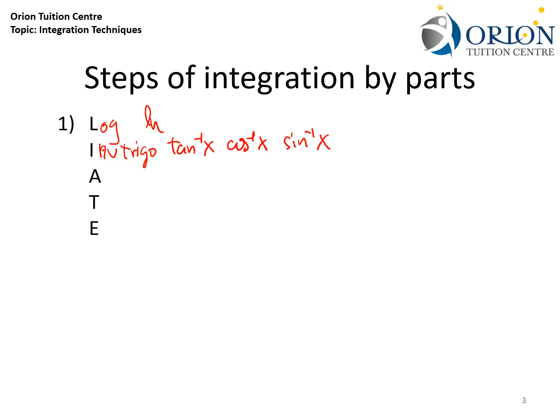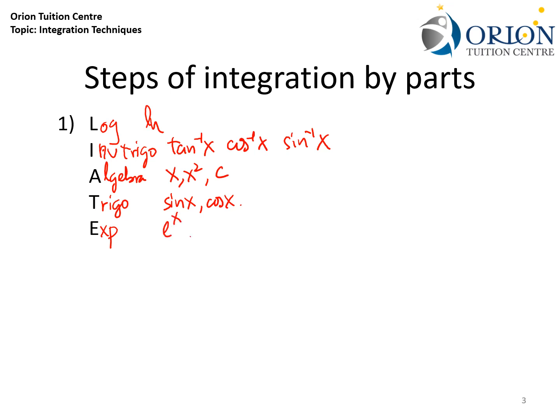And A stands for algebra, and all polynomial terms are algebraic terms. For example, you have x, x squared, or even just a constant c. T stands for trigo, such as your sine x, cosine x. And E stands for exponential, e to the power of x.